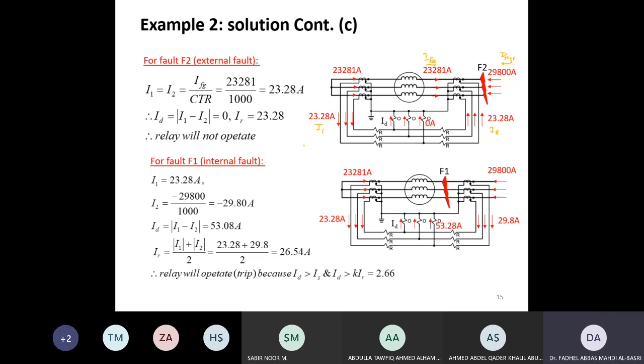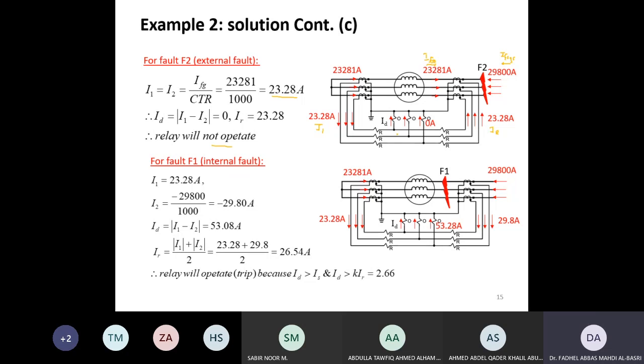Now if you take the differential current, this is the current here, the differential current will be 0. As a result, the relay will not operate, and this is correct because the fault is outside. So there will be 0 current flowing in the differential relay.